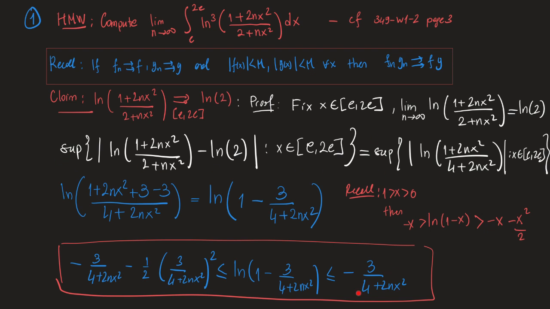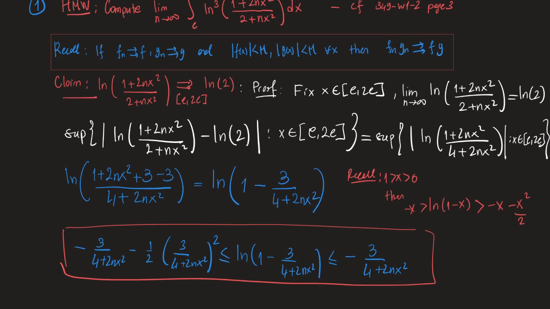As you can see, each side of this inequality is going to approach 0, right? Because we fix some x inside of this interval, whatever it is, we don't care. So if you take the limit as n goes to infinity, this is going to be 0, this is going to be 0, so the middle one is going to be 0. So the supremum is going to be 0, okay? Because when you take the absolute value, let me explain fully.